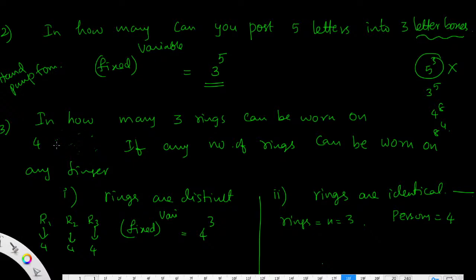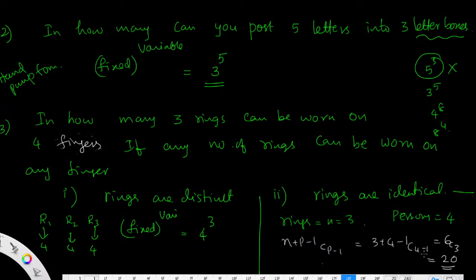Fingers we treat here as persons. So persons equal to 4. Then the formula is Becker's formula, n plus p minus 1 C p minus 1. Then you get 3 plus 4 minus 1 C 4 minus 1. That is 6 C 3, which is equal to 20.